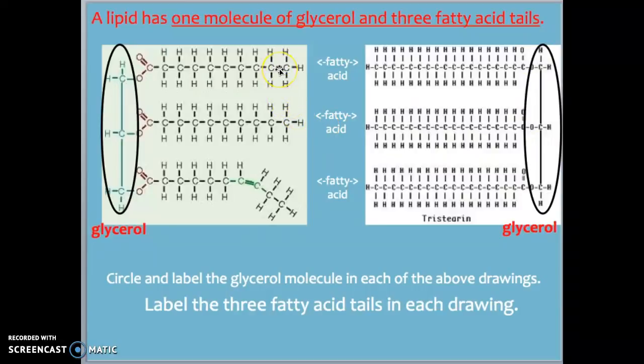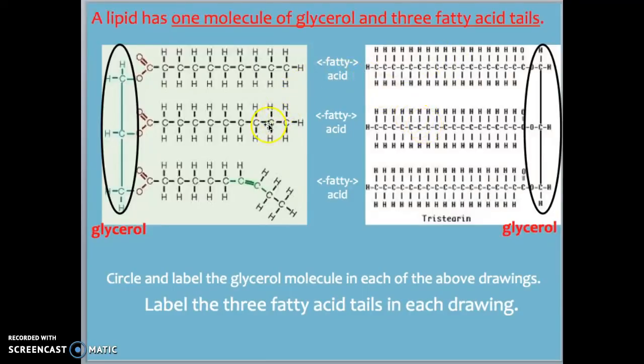And then both of these are triglycerides because they have 1, 2, 3 fatty acid tails. This one also has 1, 2, 3 fatty acid tails. And so this long chain of C's and H's, carbons and hydrogens, attached to the glycerol molecule, this is the fatty acid portion.